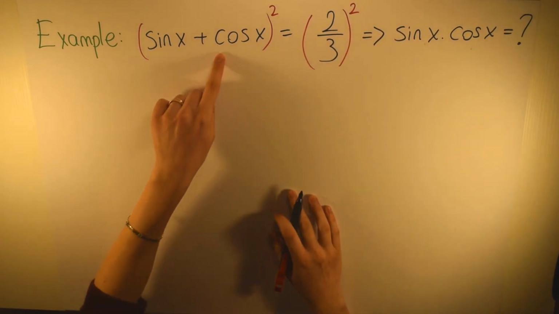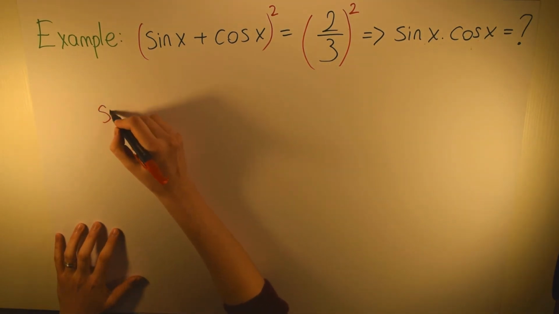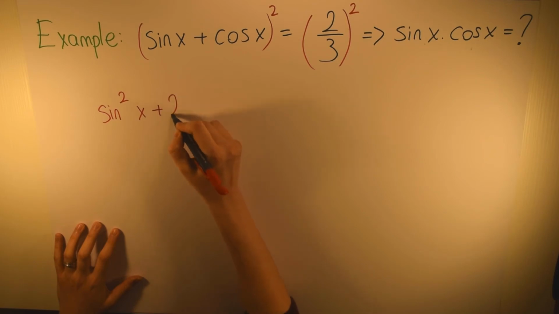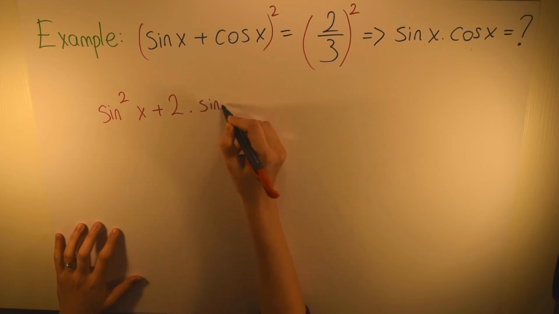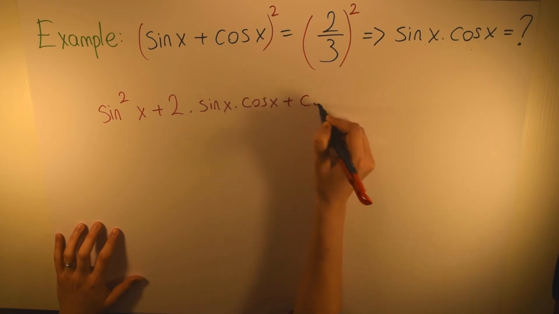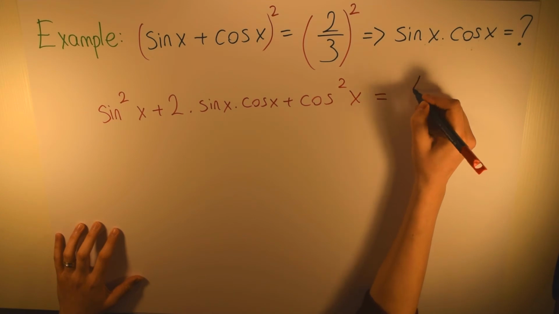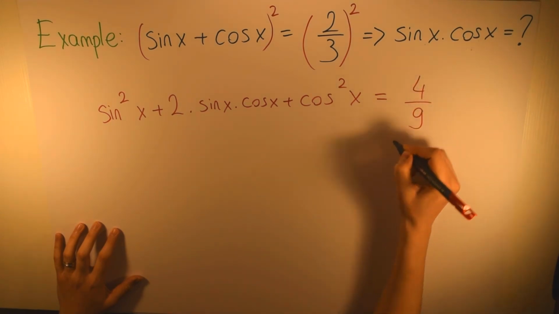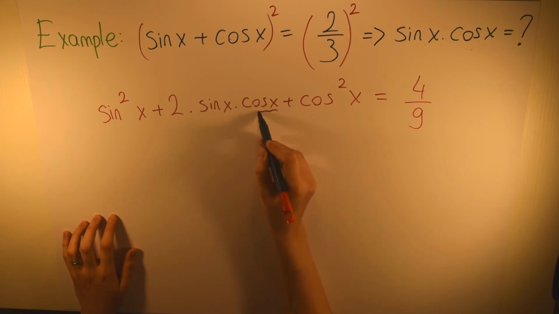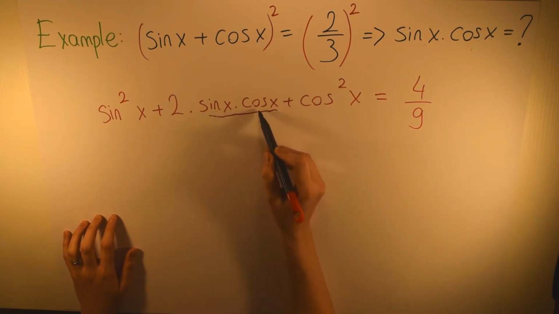So here, when I expand this expression, we will get sine square x plus 2 times sine x times cosine x plus cosine square x, which is equal to 4 over 9, right? As you can see, we have our expression here, sine x times cosine x.